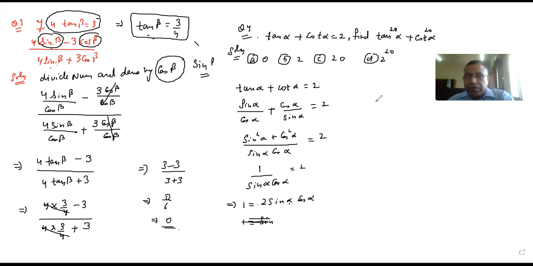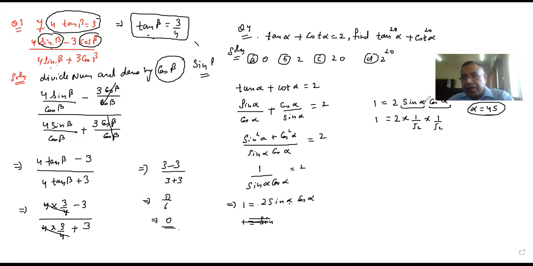What should be sin alpha to get under root 2, and what should be cos alpha to get 1 by under root 2? Because under root 2 times 1 by under root 2, the 2 cancels and it is equal to 1. So that means alpha must be 45.